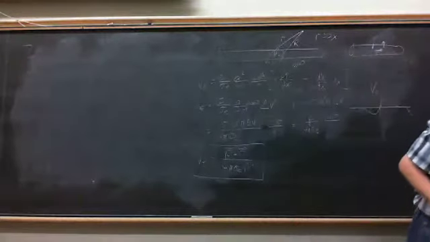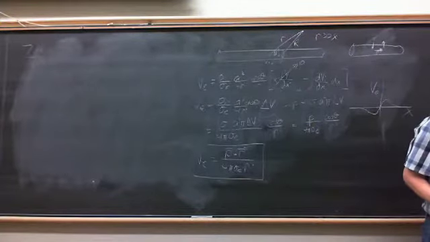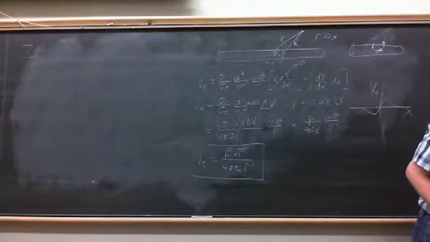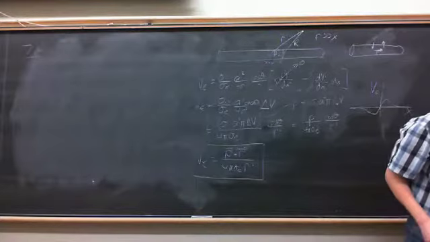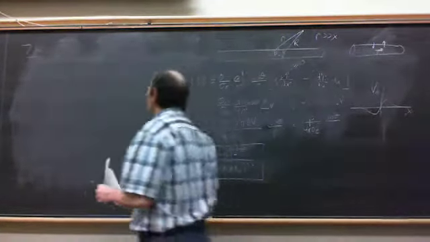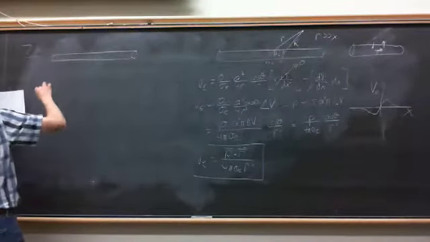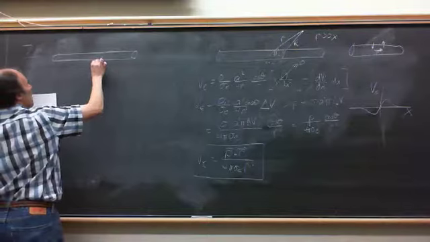And 7.1 is a lot like 7.2 that we worked in class. The only difference is that it looks more like a dipole than a nerve action potential. So here's x equals 0.